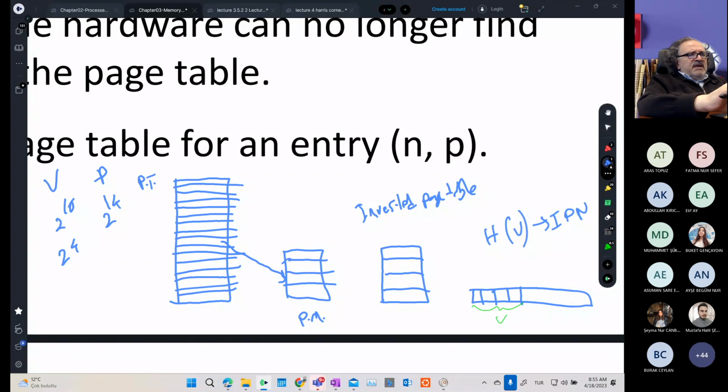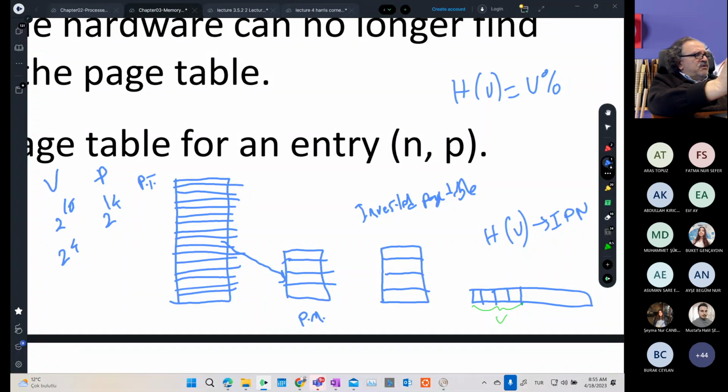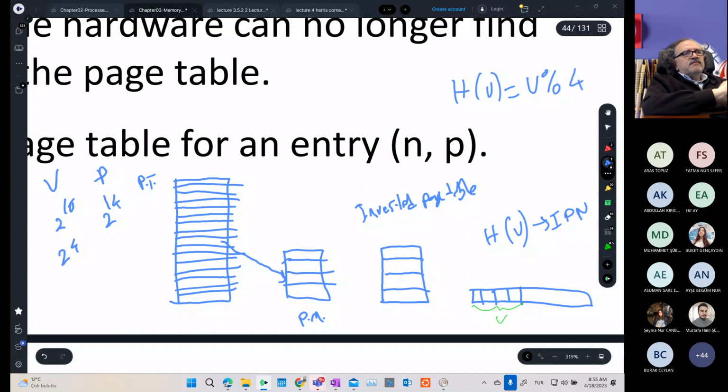Hashing could be as simple as this. This number could be at most 16, right? The hashing could be, let's say, H(V) equal to V modulo 4.